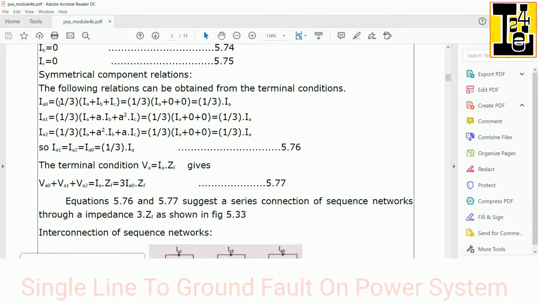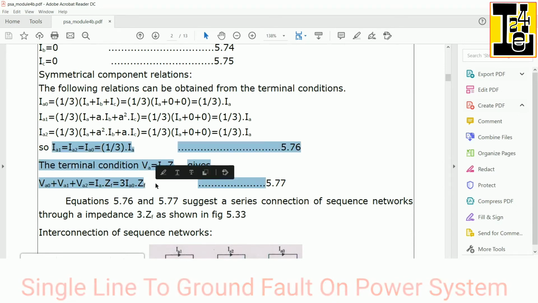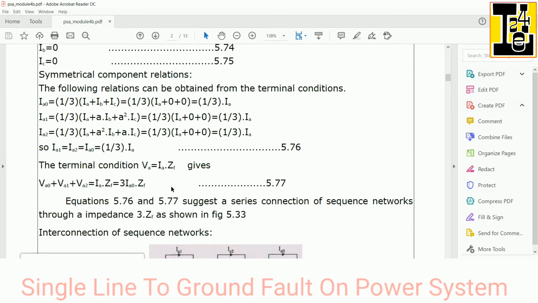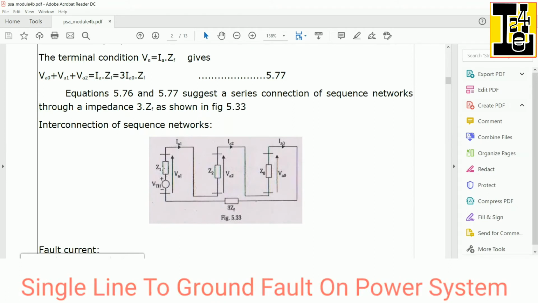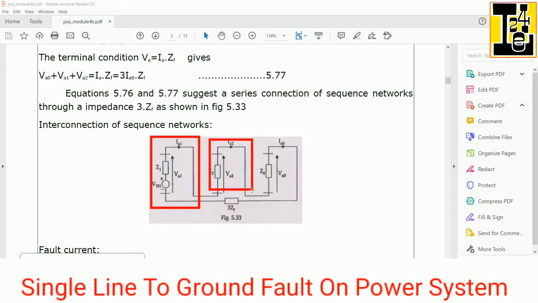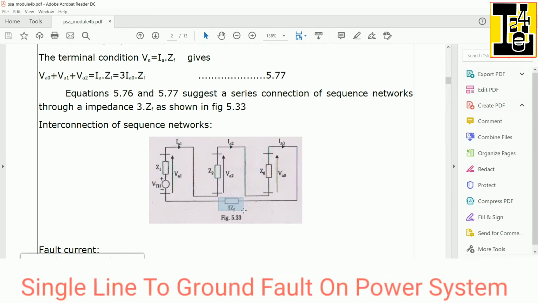So by these symmetrical component relations, we can interconnect the sequence networks, that is the positive Thevenin equivalent network of the power system, the negative Thevenin equivalent network of the power system, and the zero equivalent network of the power system, which are connected in series through an impedance of 3 ZF.